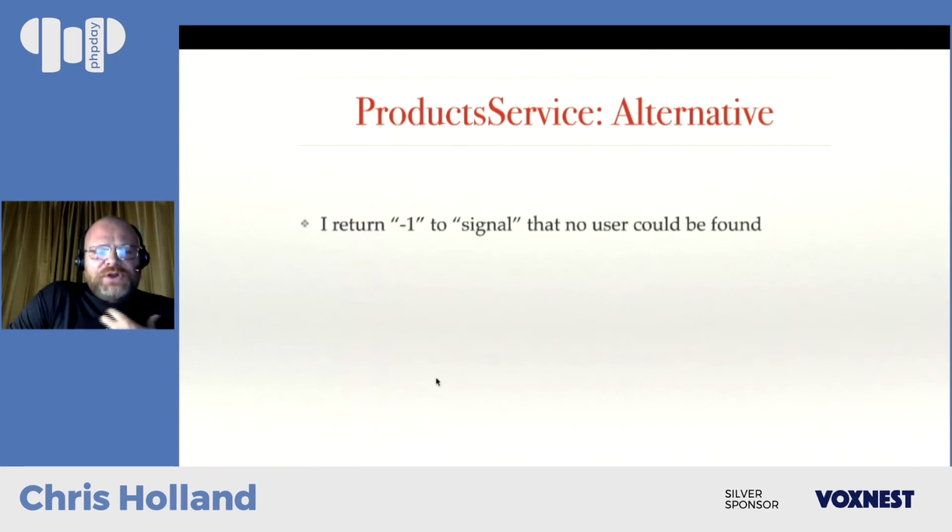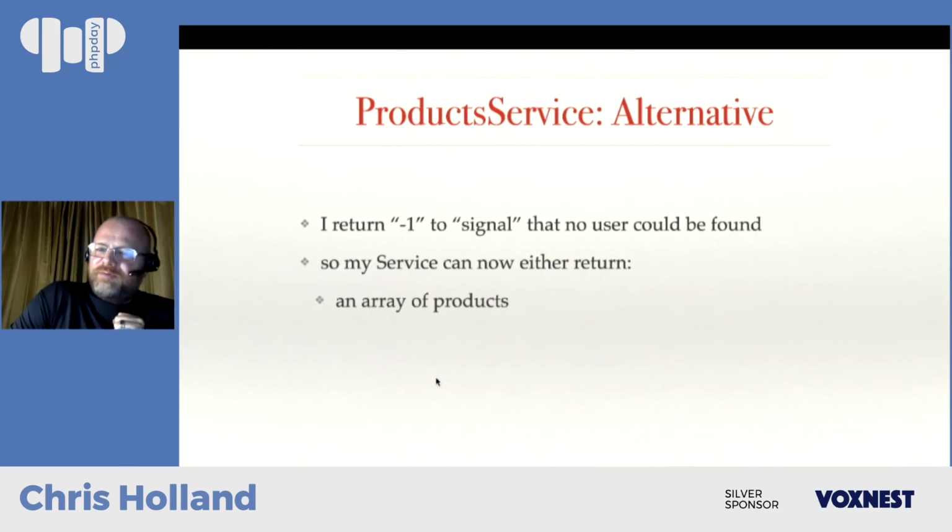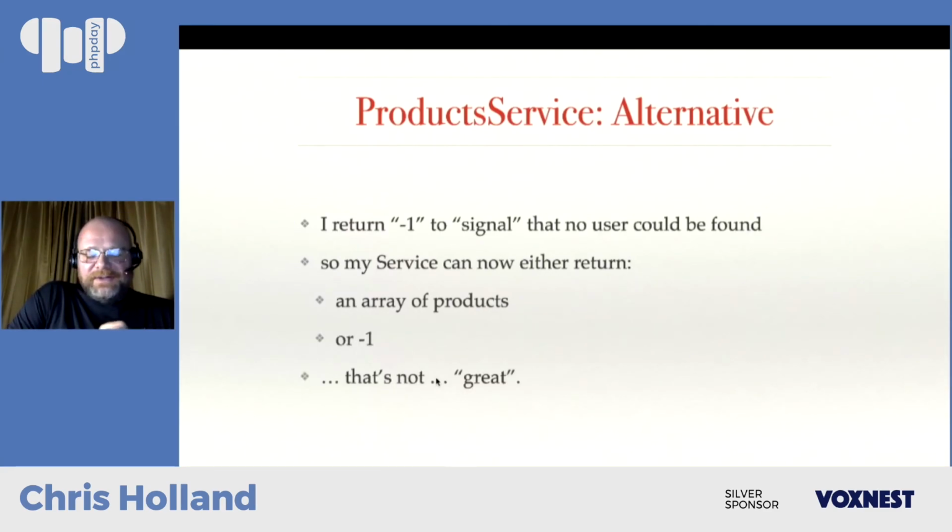In this case, I'm returning -1 to signal that no user could be found. So now my service can either return an array of products or -1. That's not great, right? Because now, we looked at the repository that returns null, and now we have the service that can return an array of products or -1.